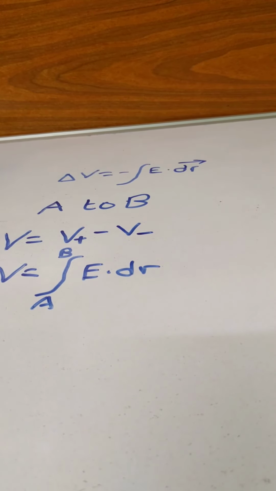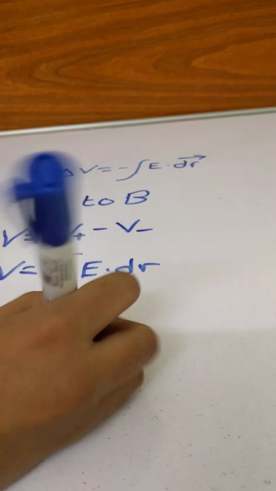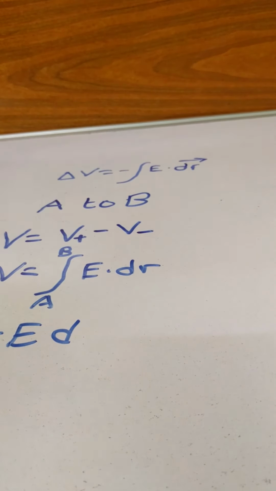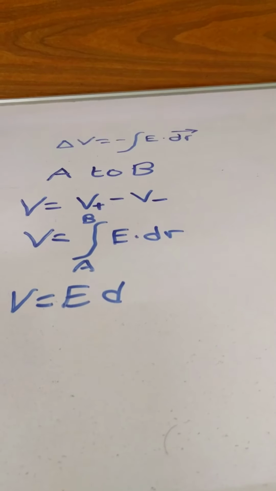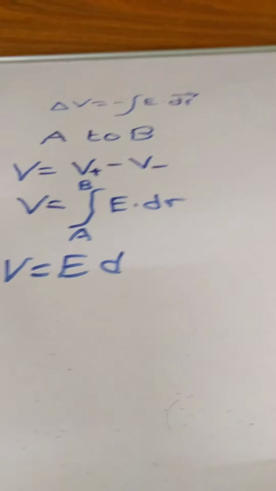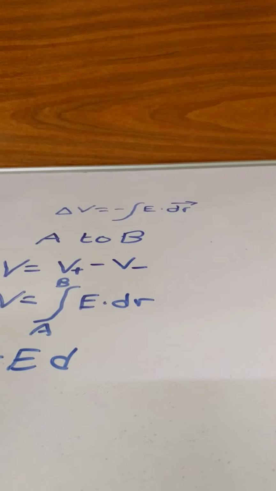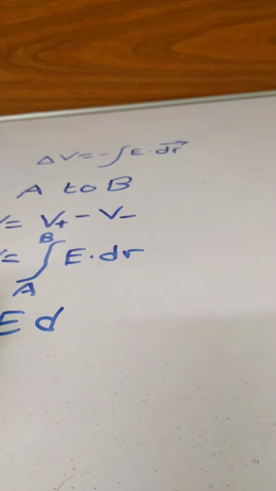There's another formula that V equals E D, meaning electric potential equal to electric field into displacement or distance. So now I will use that in my formula.